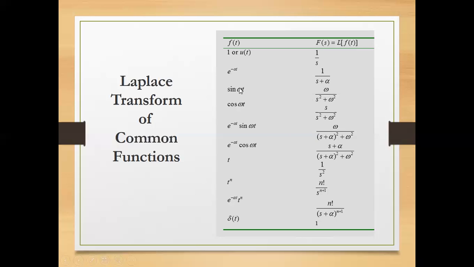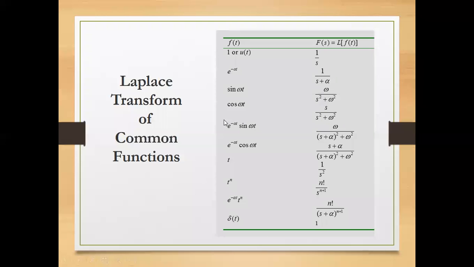So for the sine, the numerator is the omega, or the constant that is being multiplied to the t in the argument of your sine. But in terms of the cosine, your numerator is s. It's not the constant that is appearing in the argument of the cosine, but rather it's s. So they differ only in the numerator, but in terms of the denominator, they look similar.